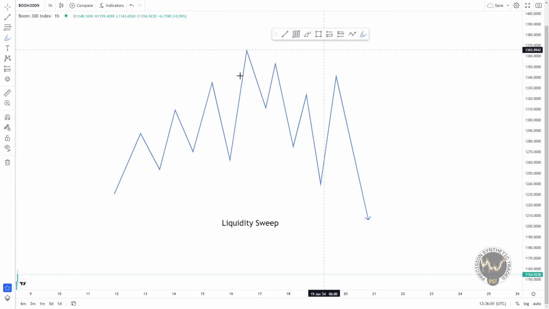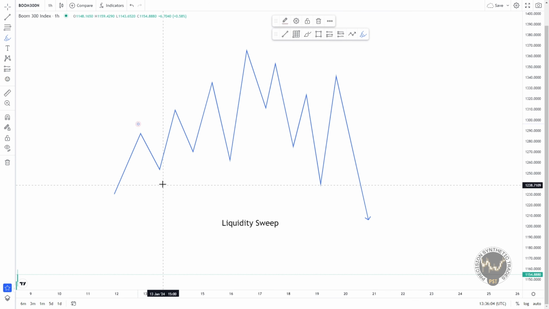Let's quickly mark out our high, low, high, low, and so on. As you can see, it looks a little bit different than the previous chart. We have a high, low, high, low, high, but now this happens.